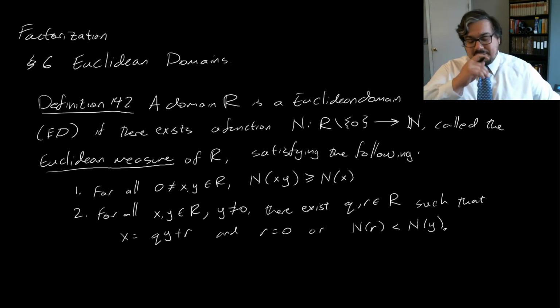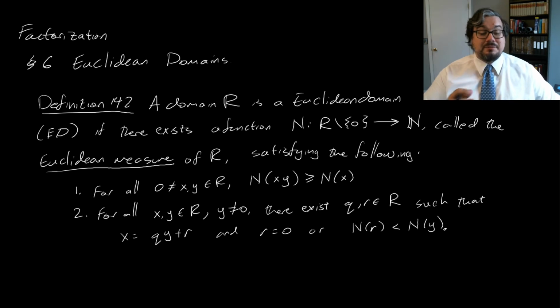However, you'll note that contrary to the division algorithm for polynomial rings over a field, this q and r do not necessarily need to be unique. They don't need to be unique in order for the ring R to be considered a Euclidean domain. Furthermore, the Euclidean measure of R is not unique. In particular, any multiple of a Euclidean measure by a non-negative integer is itself a Euclidean measure.